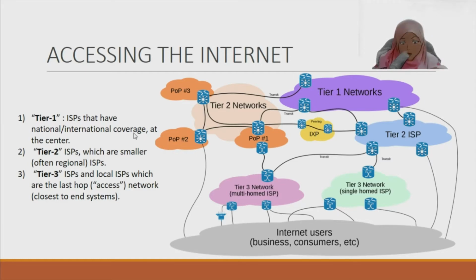Tier 2 is a smaller ISP, often a regional ISP. And tier 3 is the local ISP, which is the last hop of access into the network, to the end system. These are the basic structure or hierarchy of accessing the network.